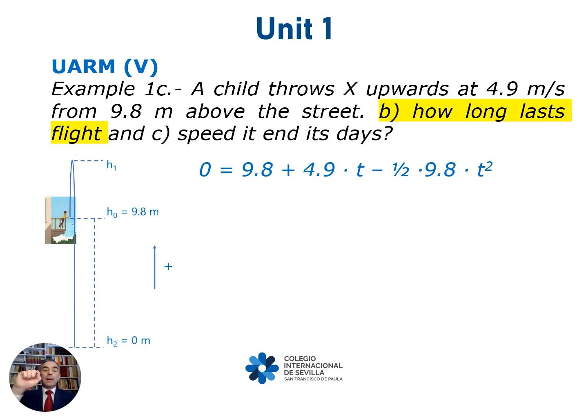And the moment it is thrown, gravity starts acting upon it, and gravity goes downwards, so it is negative, and 9.8 meters per second squared, so minus a half of 9.8 times time squared.